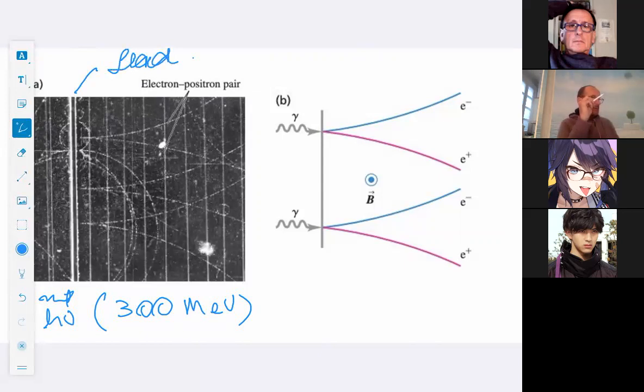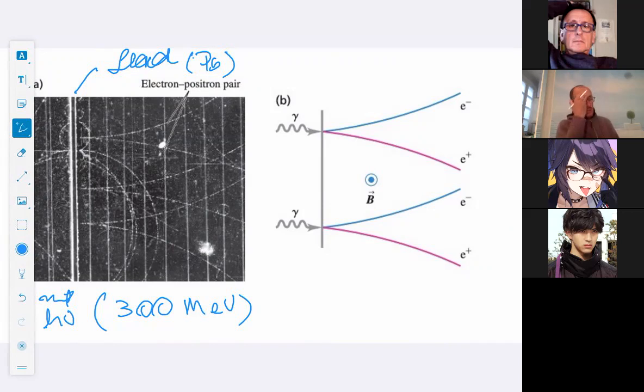Is that right? Lead? I don't know if it's right. Let's write it as such. That's lead. Okay. So the radiation collides with the lead, with the metal, and then you generate particles. So you have a high energy photon that is incident on matter, and then electrons and positrons come out.